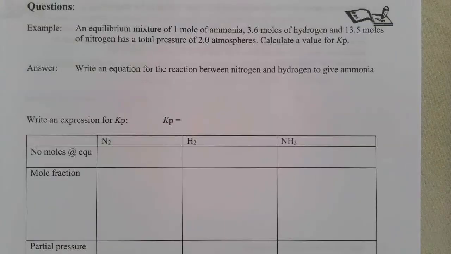So we're on page 4 of your notes, and we're just looking at this typical example where we have an equilibrium mixture of ammonia, hydrogen and nitrogen, and we get asked to calculate the value for Kp. So the first thing we need to do is obviously write out our equation, because our Kp expression will be based on that equation.